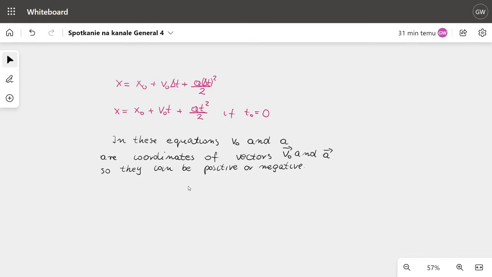We should remember that coordinates of vector are equal magnitude of vector if vector is directed the same as axis, or minus magnitude of vector if vector is opposite to the axis. So, in these equations, V0 and A are coordinates of vectors V0 and A, so they can be positive or negative.